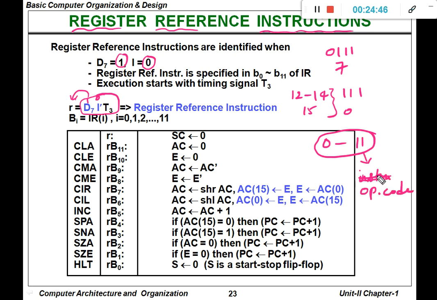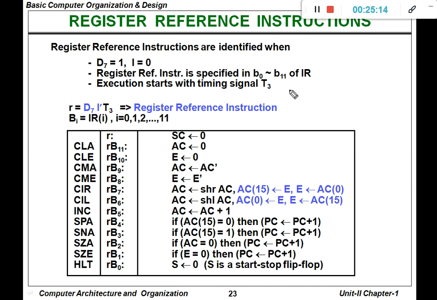So based on the bit value, either B0 or B1 or B2 or B3 or B4 or B5 or B6 up to B11, the particular operation is carried out. Already we have seen how those operations are represented previously.